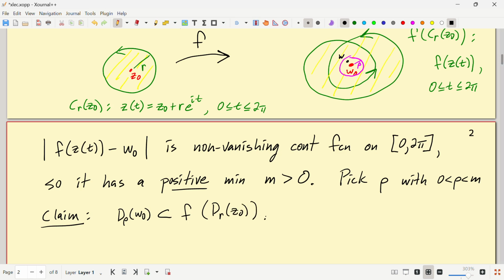So that totally gets hit. And that's going to allow me to stick a little disk around w naught that gets hit, and so that means that w naught is an interior point. All the points being interior points means it's open. The image is open. Okay. And so the key here is the argument principle.